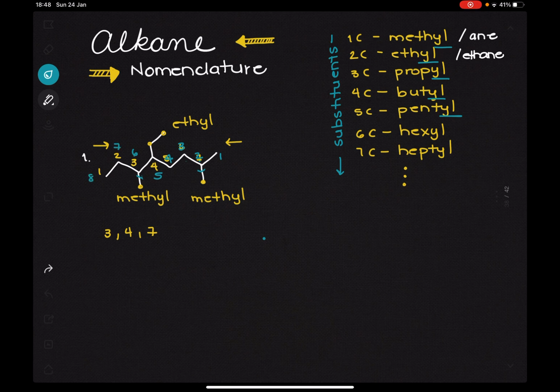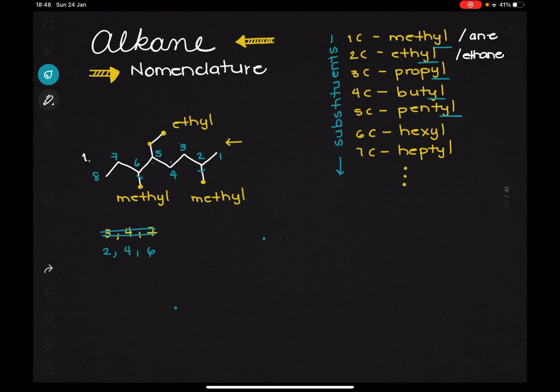My substituents are going to be in carbon 2, in carbon 4, and in carbon 6. So obviously the blue numbering gives me the smallest number. So I'm going to keep the blue numbering. I'm going to start numbering from right to left. So let me erase and then let me number again. So I have 1, 2, 3, 4, 5, 6, 7, and 8.